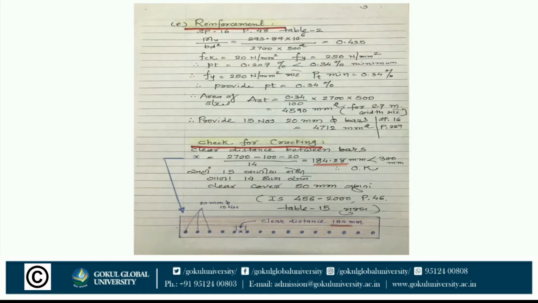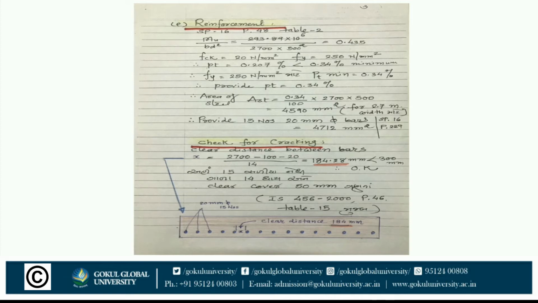Now step fifth, reinforcement. Referring SP16 and page number 48, table number 2, Mu upon bd square will be equal to 0.435. Now for fck 20, Fy 250 Newton per mm square, percentage of steel Pt will be 0.207, which is less than 0.34, that is minimum.